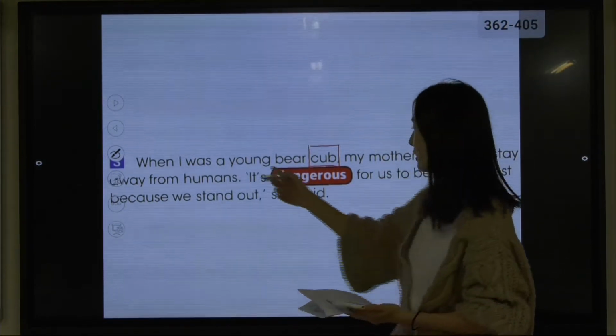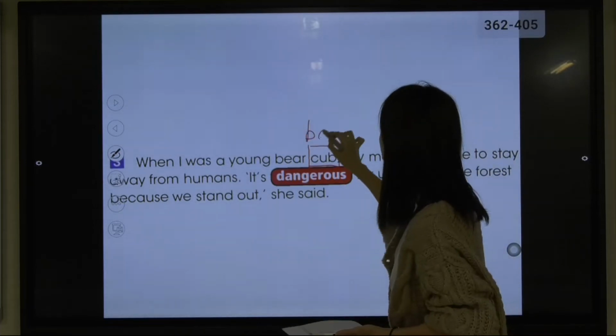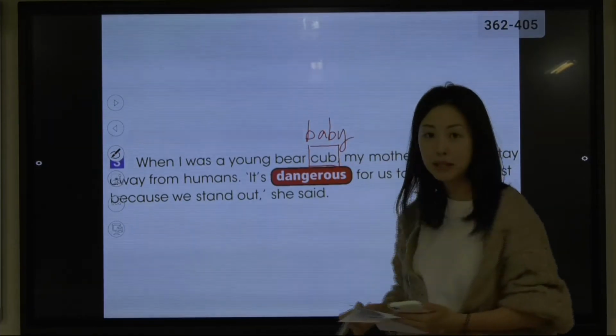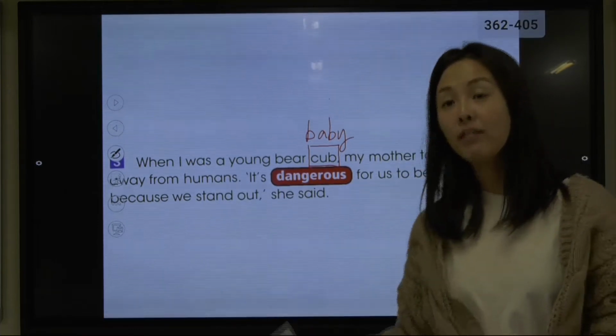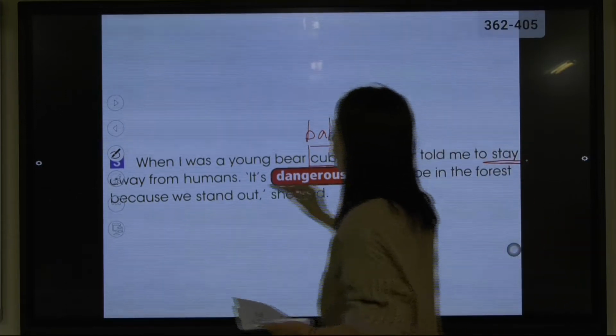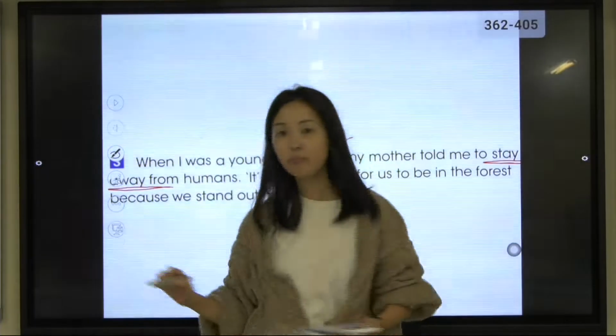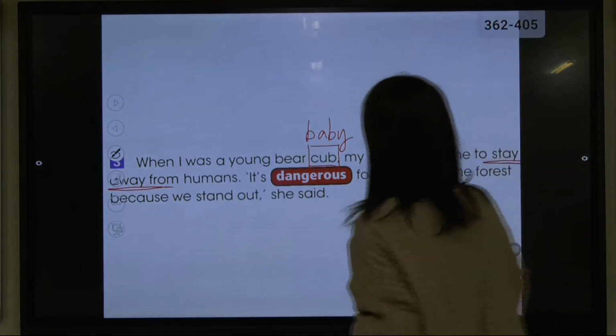Okay, young means little, right? When I was a little bear baby. Okay, this word means baby. My mother told me to stay away from. Highlight this word, stay away from. 遠離離開. So maybe you can write down a sentence.